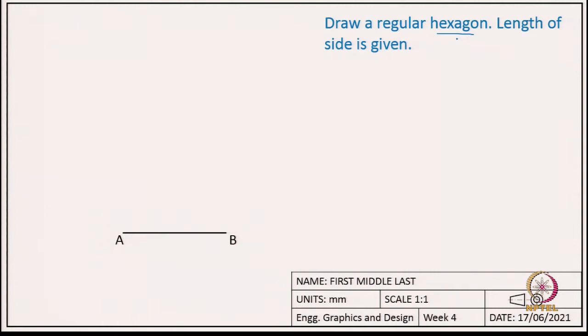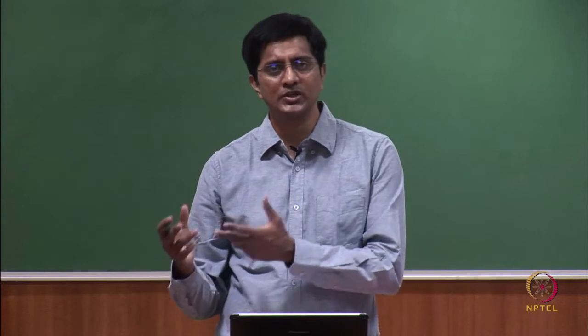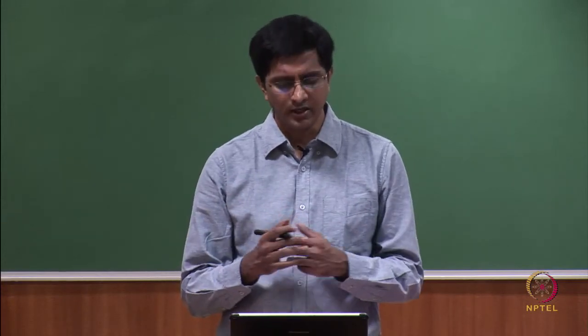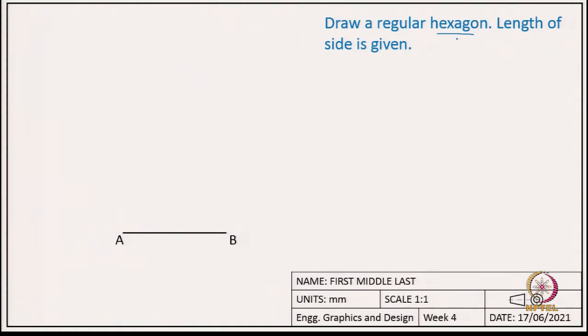So, I am skipping the square, assuming that most of us already know how to draw a square. The same thing with a hexagon, but since whatever we discuss here will be used in the later slides, I thought I would quickly go through it once. Okay. So, again here we are saying we know the length of its sides.